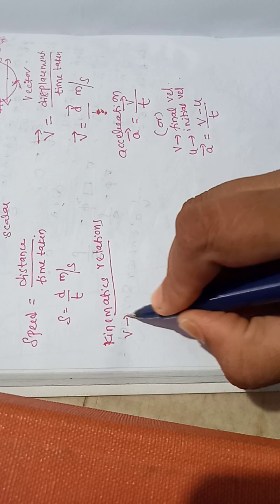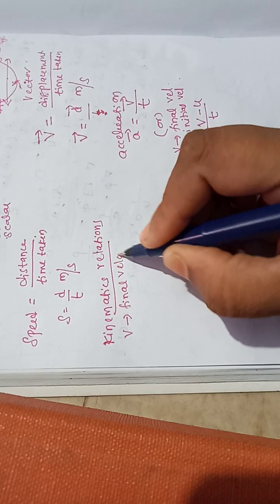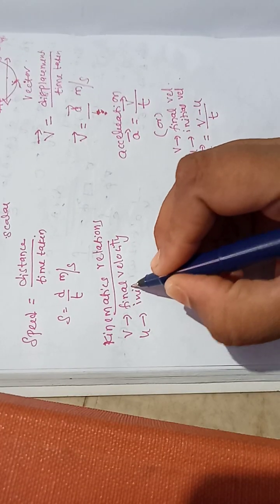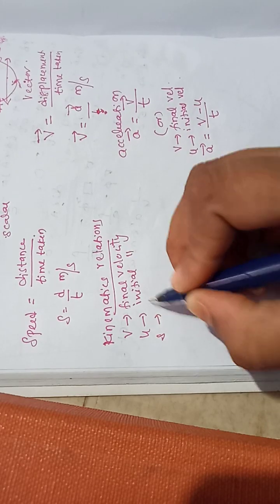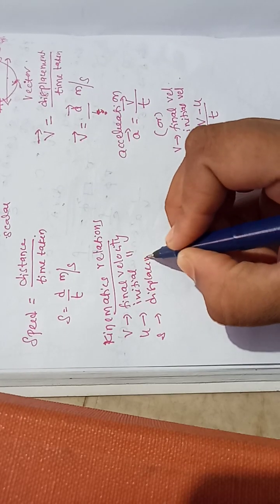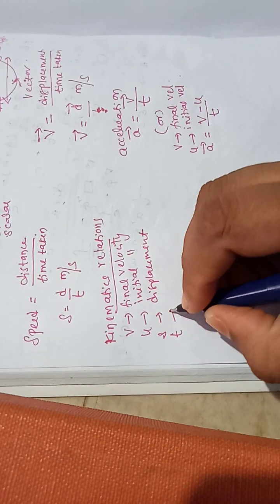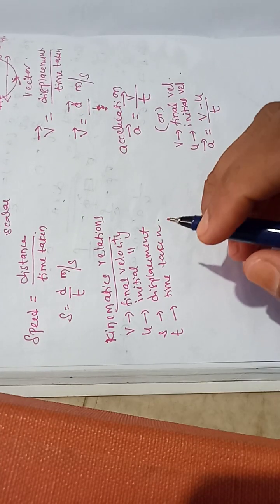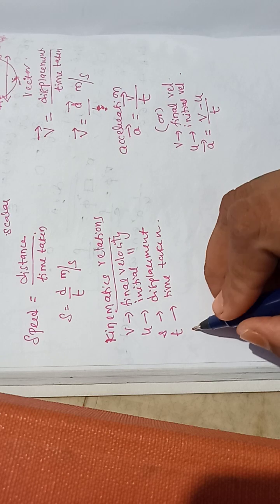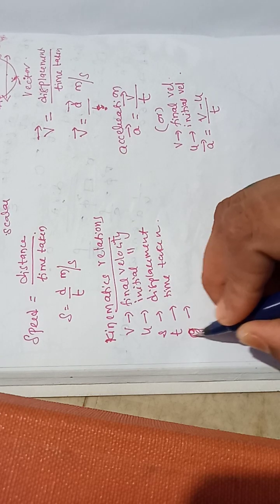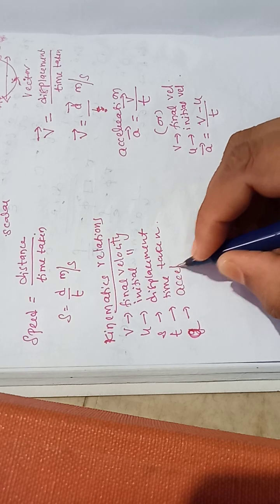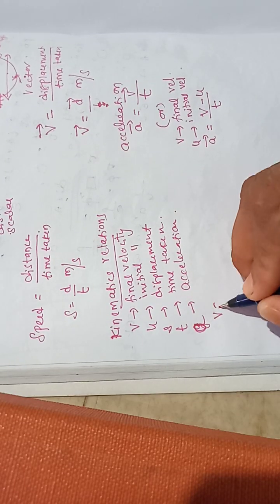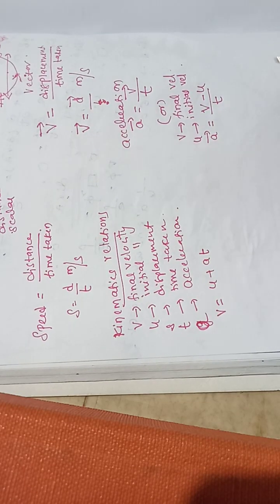If v is the final velocity of a particle, u is the initial velocity, s is the displacement of a particle, t is the time taken for the particle to undergo a particular displacement, and a is the acceleration, then the kinematic relations are v equal to u plus at.